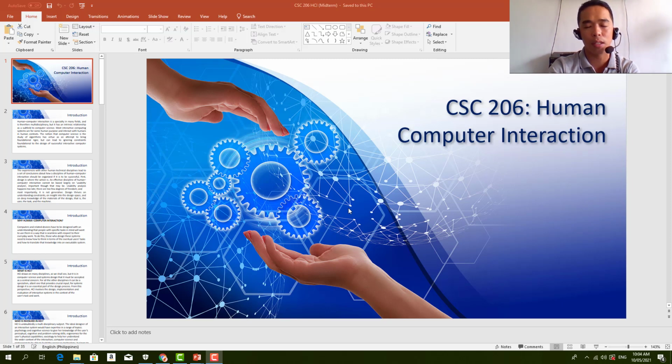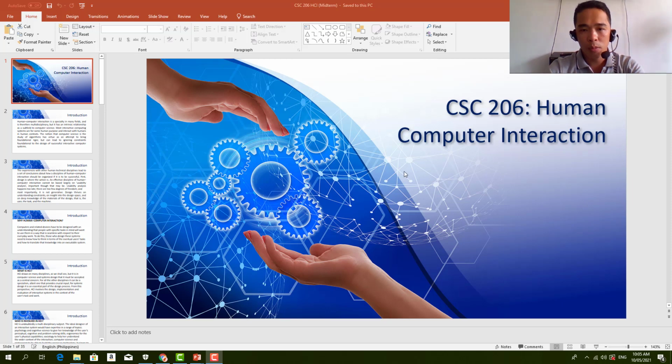In this whole subject, we will study how we as IT and computer science students come up with a good system wherein our target users can interact with it very well. That's more of our concern, on how we can get the attention of our users.